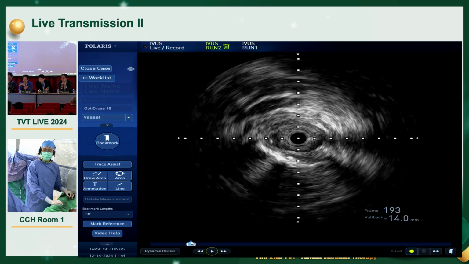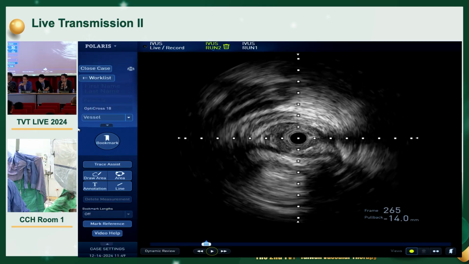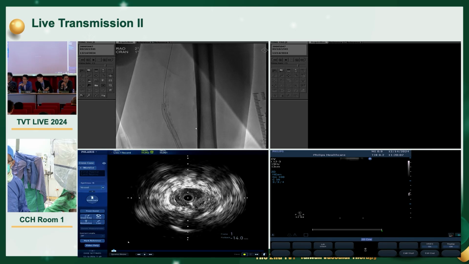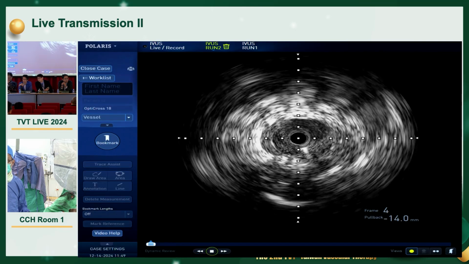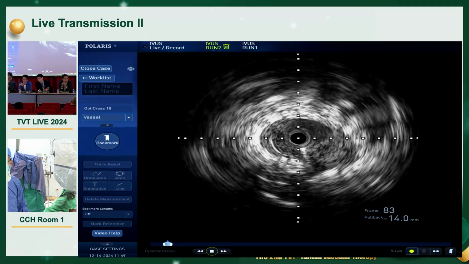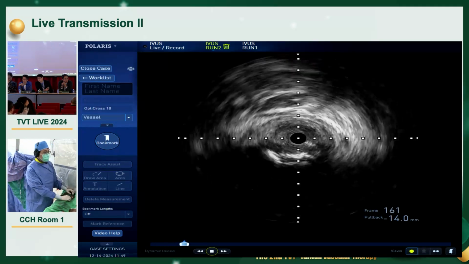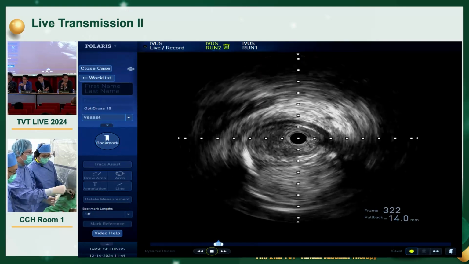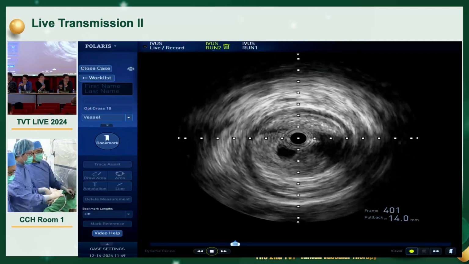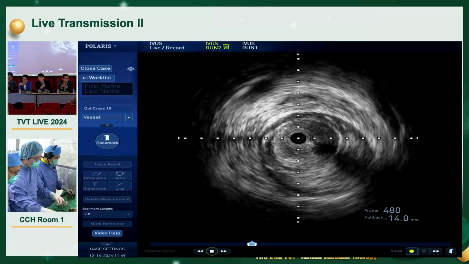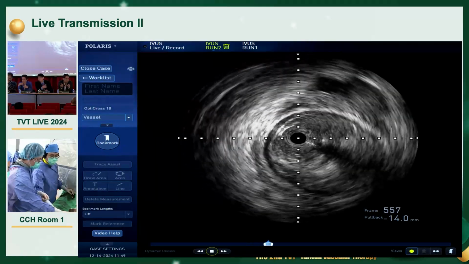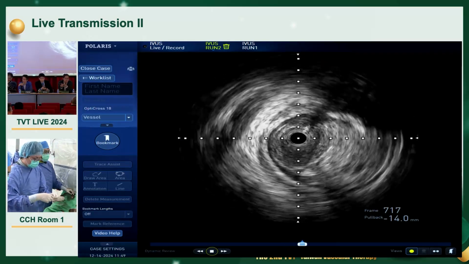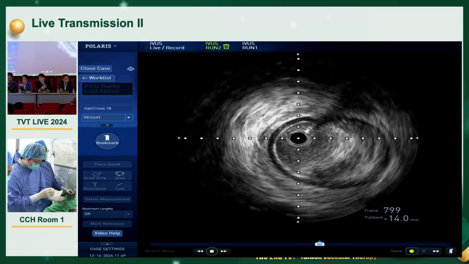What about the segment of stent, IVUS segment. Here is in-stent IVUS. We cannot see very clearly the stent struts. Yeah, we will do the IVUS again to the popliteal artery.